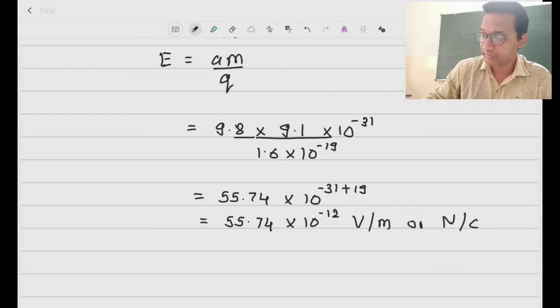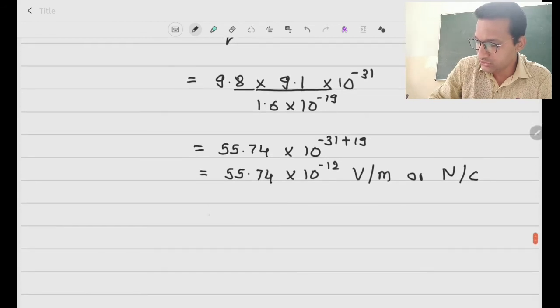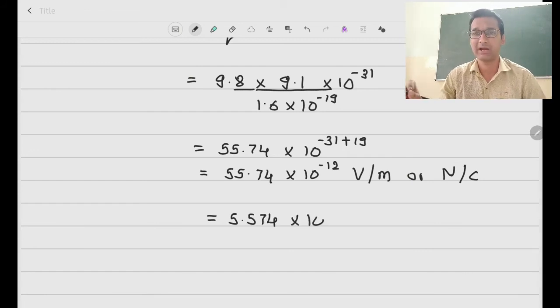We can further write this as 5.574 into 10 raised to minus 11 volt per meter by adjusting the powers. One number I have sent inside the decimal point, so one power will decrease.